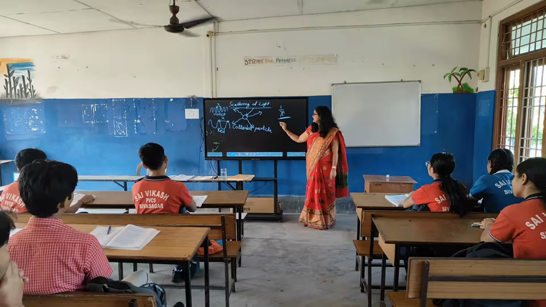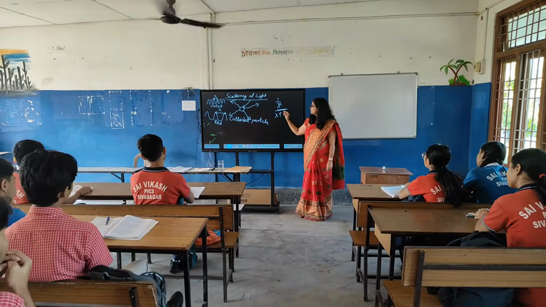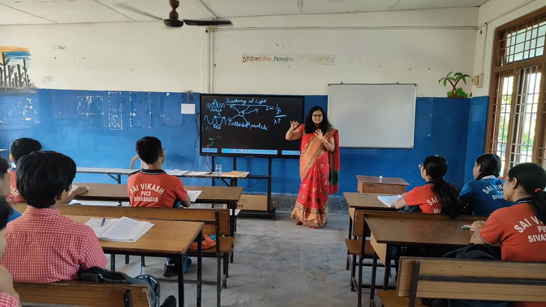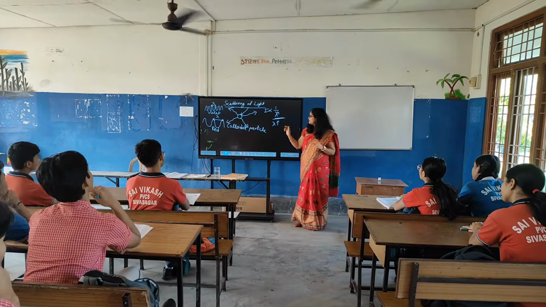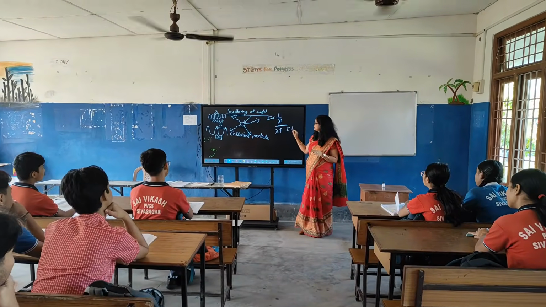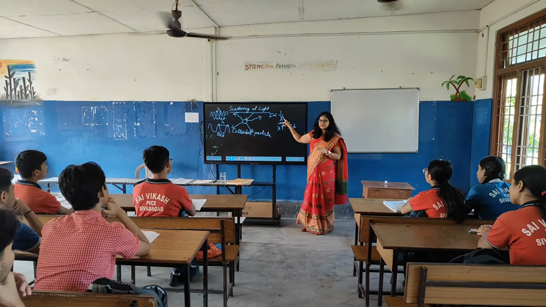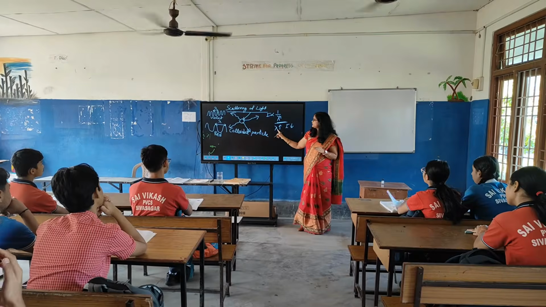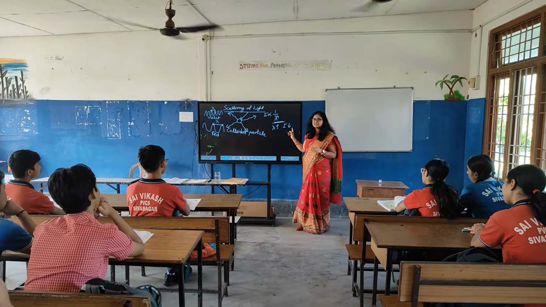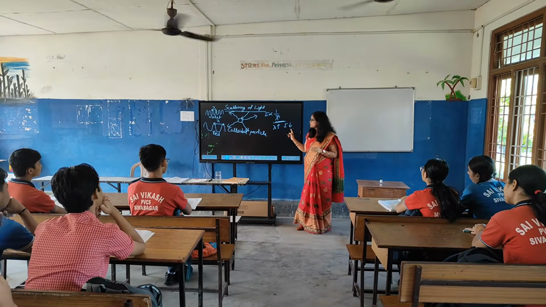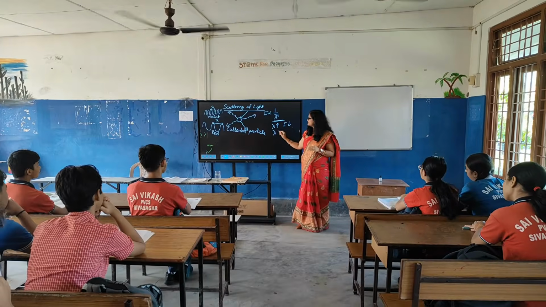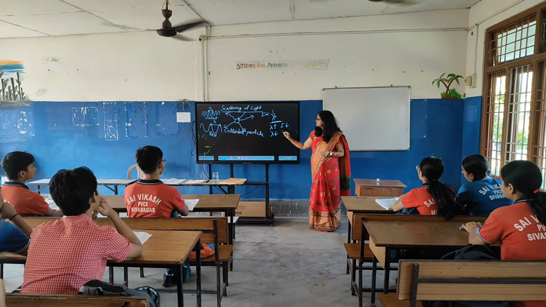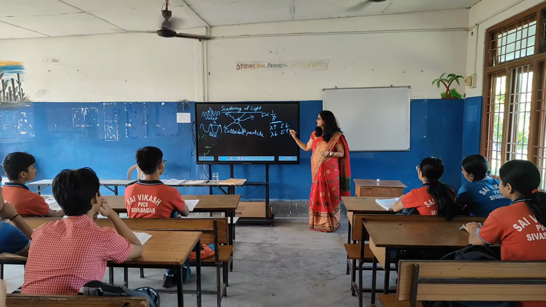When the wavelength is more, the scattering intensity of light will be less, because it is in the denominator. When the denominator increases, the result will be less. So when the wavelength increases, the intensity of light decreases. And when the wavelength decreases, what will happen to the intensity of light? The intensity of light will increase.